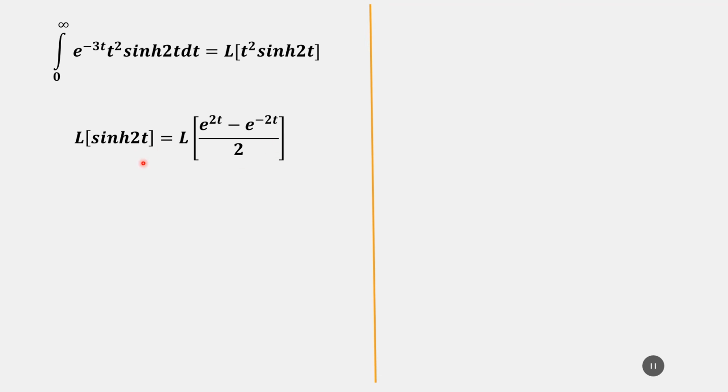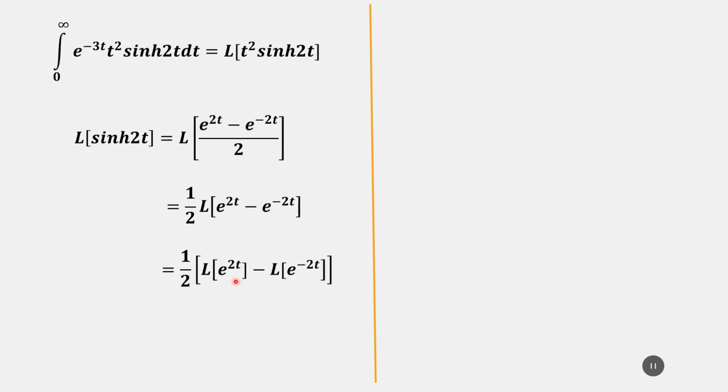So here I've converted. Whenever you have t raised to 2 or more than 2, we can convert hyperbolic functions to this so that the derivative becomes easy. So now half is the constant, so 1 by 2 comes out, L of the numerator. Now we have a minus sign in between the two functions. We can take L to both the terms.